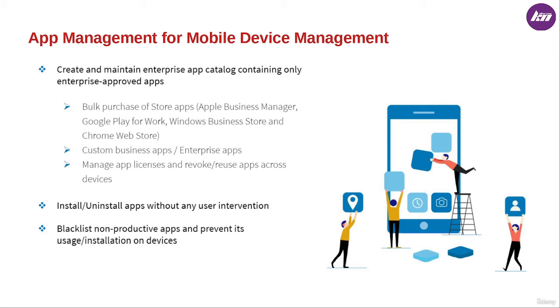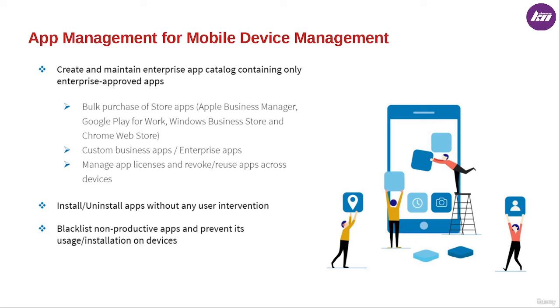So remember, you need a tight policy for your device. So with app management, you could create and maintain enterprise apps and a catalog containing only the apps that you want. It could be enterprise apps or not enterprise apps, but you control those apps.